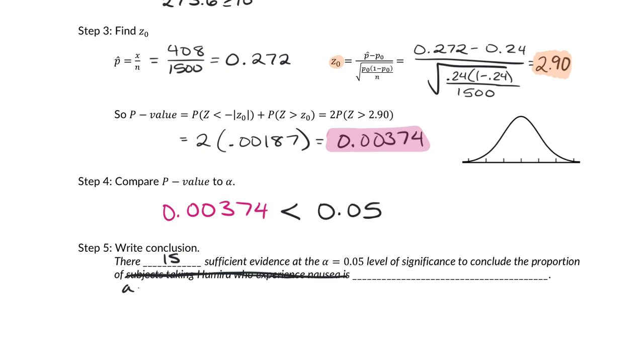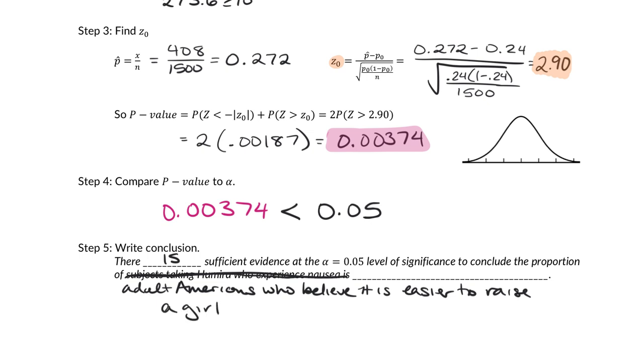The proportion of adult Americans who believe it is easier to raise a girl has changed since 1947.